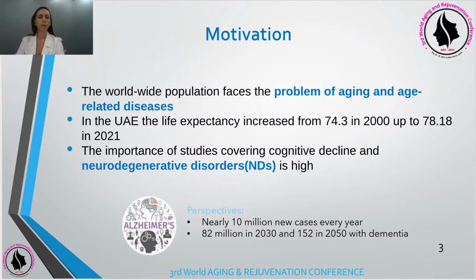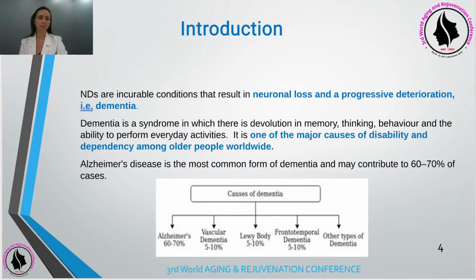The worldwide population faces the problems of aging and age-related diseases. For example, in the United Arab Emirates, the life expectancy increased by 4 years in the last 20 years. So the importance of studies covering neurodegenerative disorders is high, and many researchers are attracted by this topic.